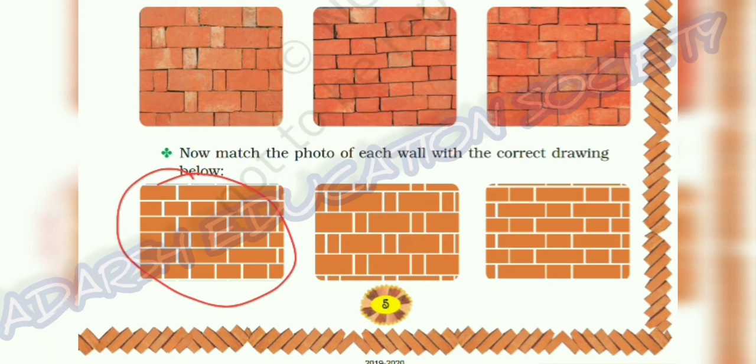Is any of the above pictures having the same brick design or pattern? Look carefully. Yes, the third one is the same brick design. So here we have to match these both pictures.